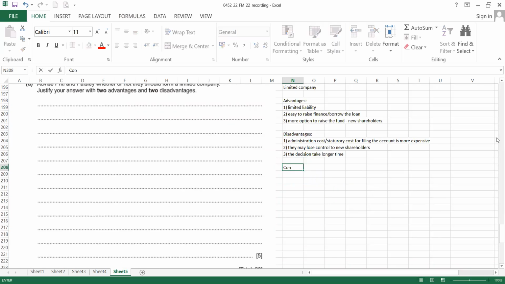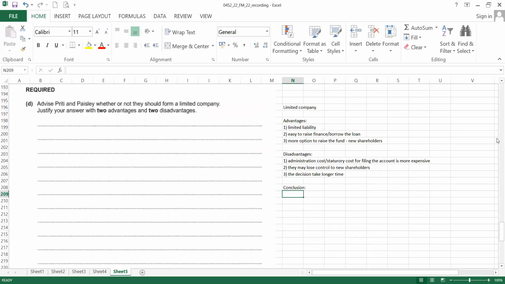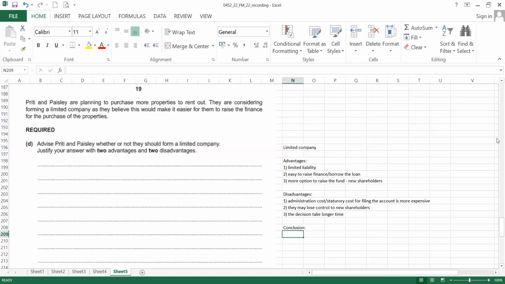So my conclusion: for me, I would suggest forming the limited company. The reason is they want to have more property. The main thing is that when the business grows, limited liability is better.